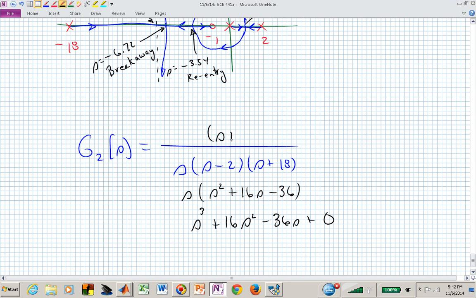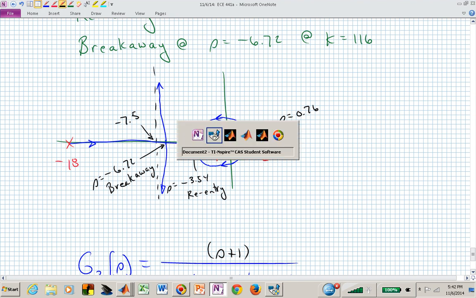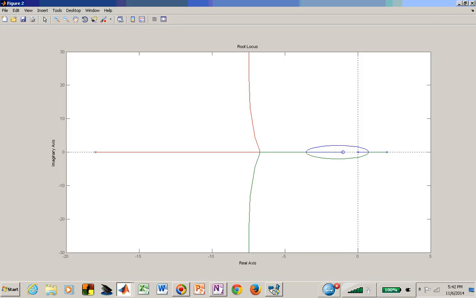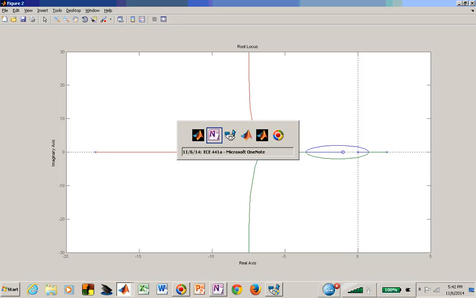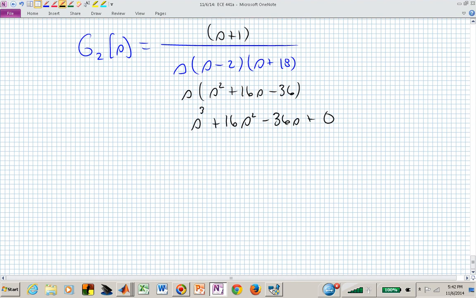The numerator again was just s plus 1, but this is now the picture in the complex S-plane that we've now verified or validated in MATLAB. Hopefully this was helpful in using rule number 4 to determine which pattern you had for a root locus.